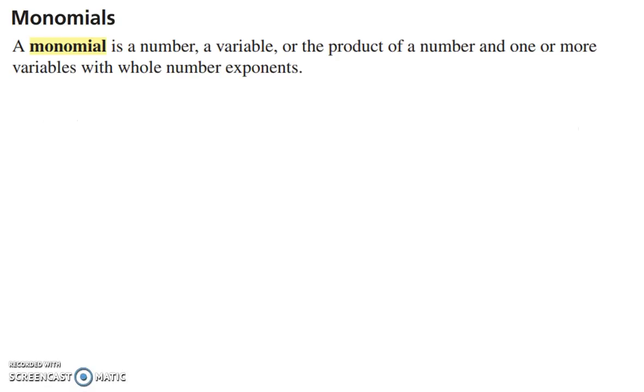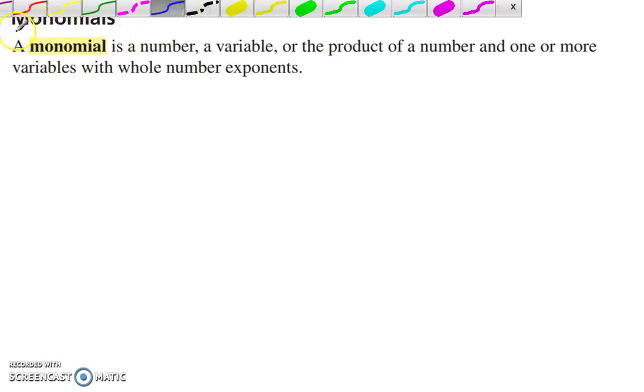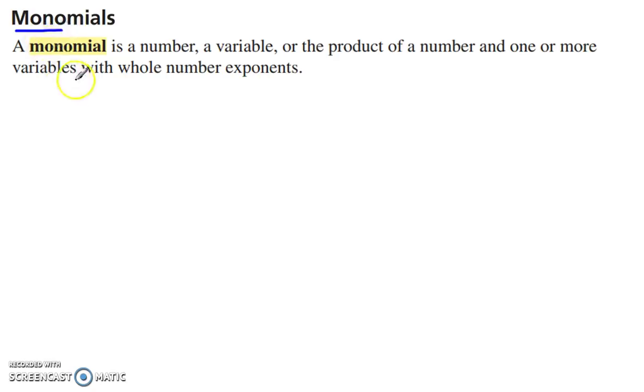Alright, first we want to talk about monomials. Monomials, a word that you might recognize in here, is mono, which is 1. Okay, so a monomial is a number, like 5, or a variable, like x, or the product of a number and one variable, like 5x, or more variables, like 5xy, with whole number exponents, like 5x squared y to the third.